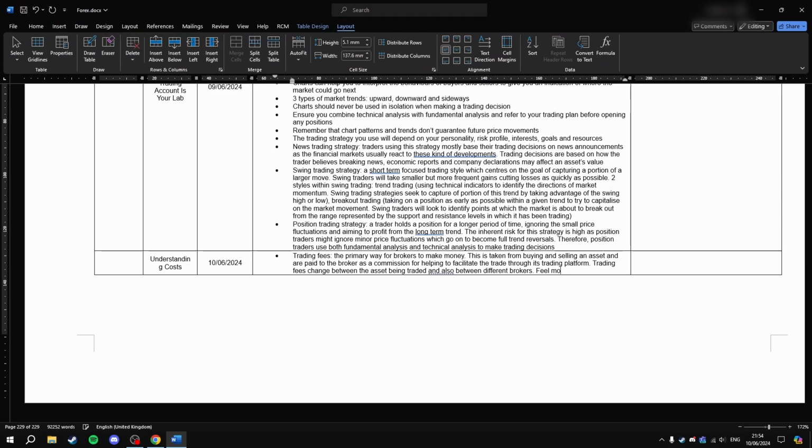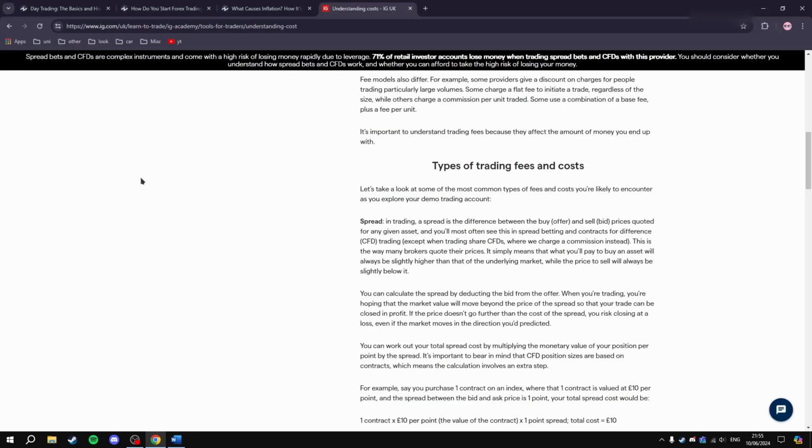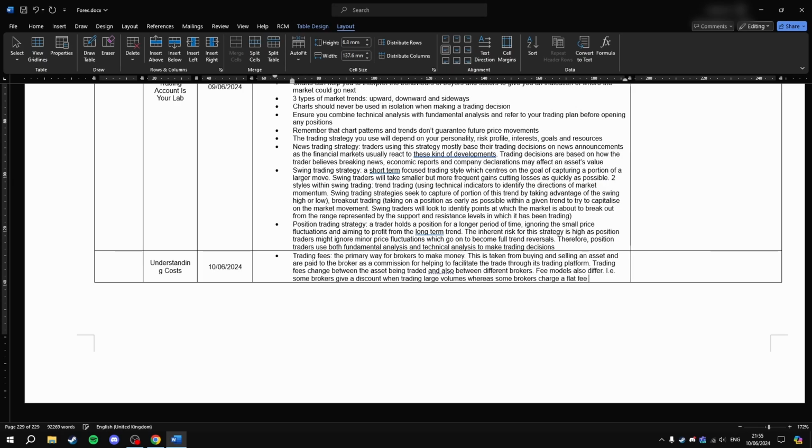Fee models also differ, so for example some brokers give a discount when trading large volumes, whereas some brokers charge a flat fee to initiate a trade.